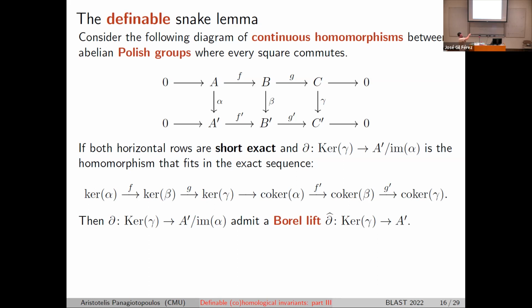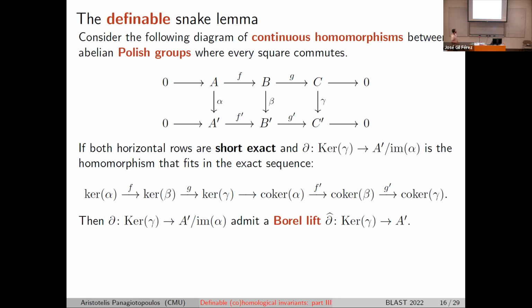It's a quotient thing, right? What I'm saying is it has a Borel lift. From here to here is an abstract map. My question was that at the level of homology, this is going to be definable. Yes, okay. The fact that it's going to be a definable map comes from what I'm saying on this slide. So now it's definable. Right.